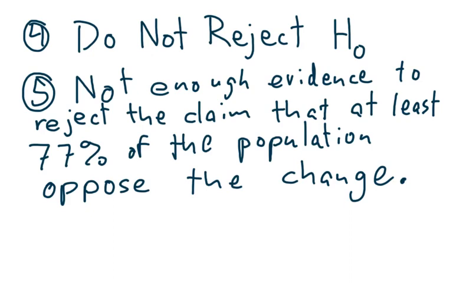So here we don't have enough evidence to reject the previous claim that at least 77% of the population opposed the change, because we've found that our sample is close enough to 77% so as to say that, hey, yeah, if it's 77% or higher that oppose the change, then at least 77% oppose the change.